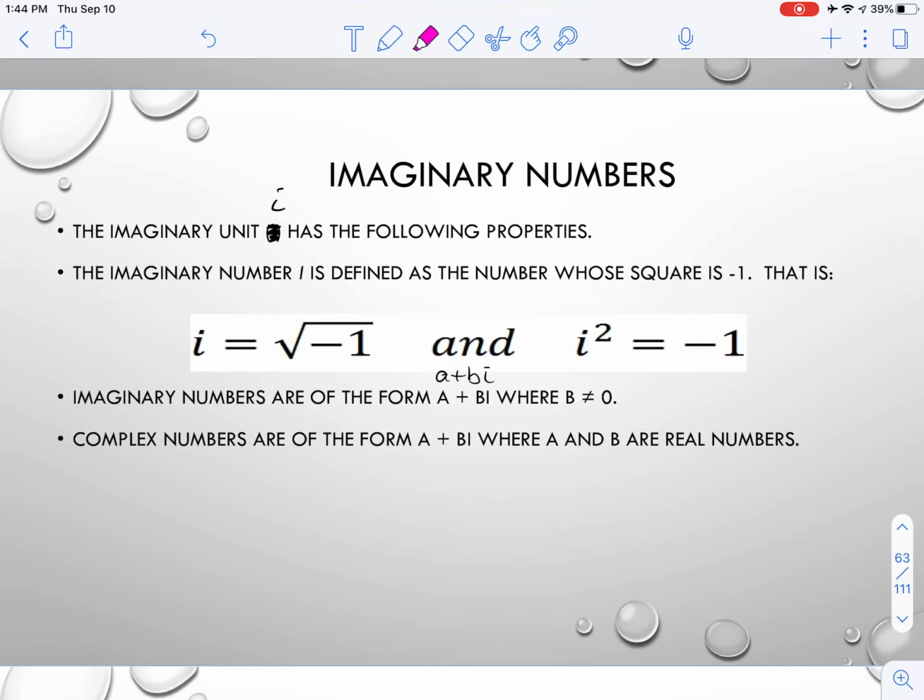And the reason b can't equal 0, if the b value here, the coefficient in front of the imaginary term were 0, then I would just have a real number left over, right? I would just have a as a real number. And complex numbers are of the form a plus bi, where a and b are any real numbers.